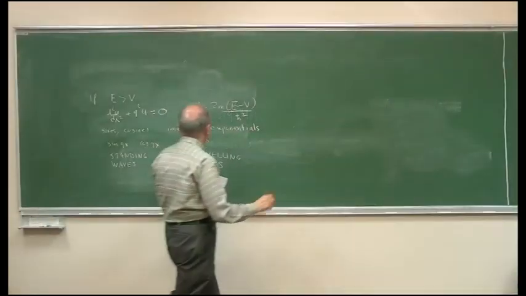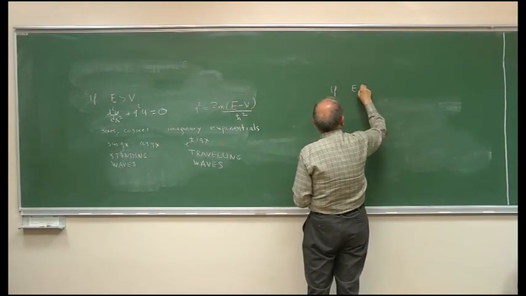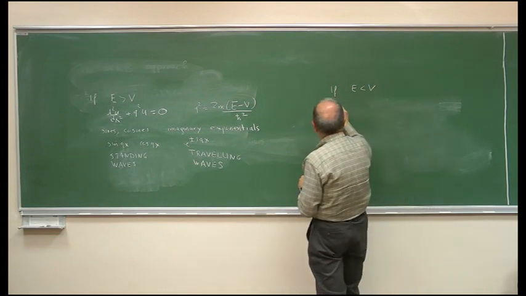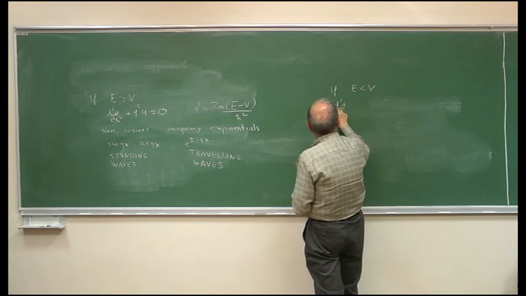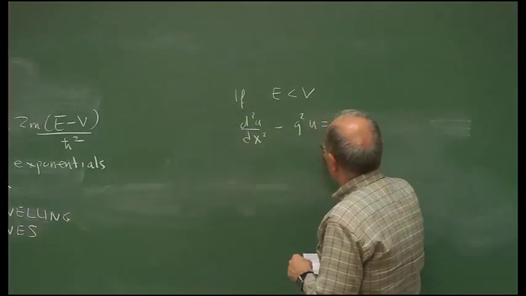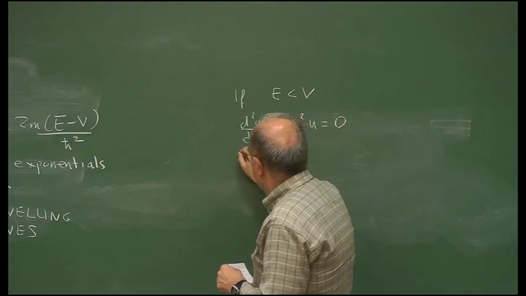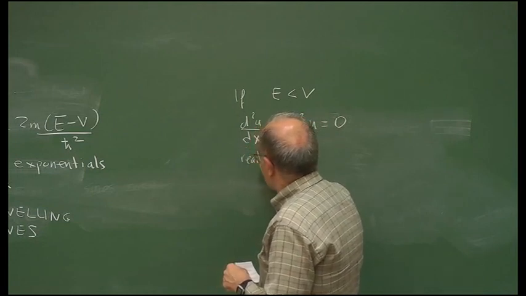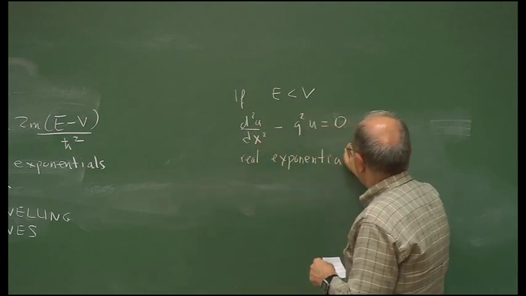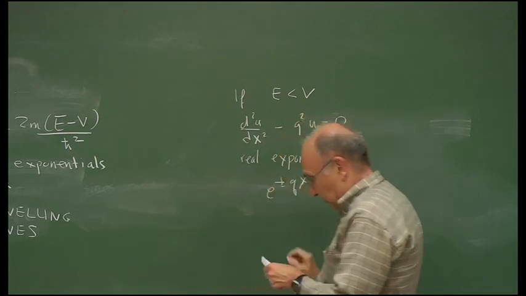On the other hand, if the energy is less than V, of course, then we'll have d squared u by dx squared minus q squared u is equal to 0, and then the solution will be real exponentials, e to the plus or minus qx.